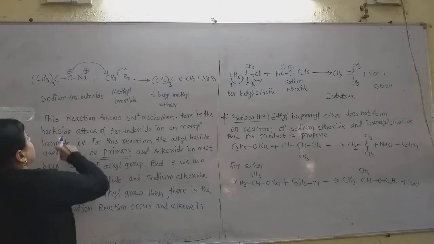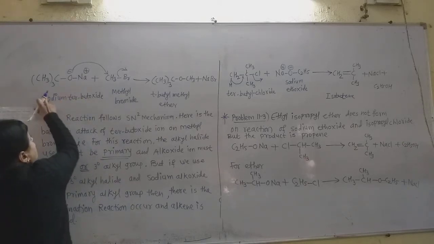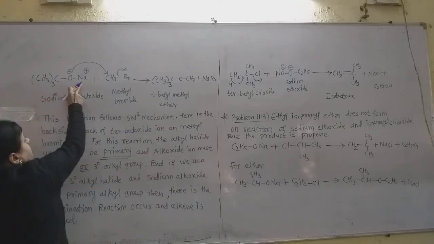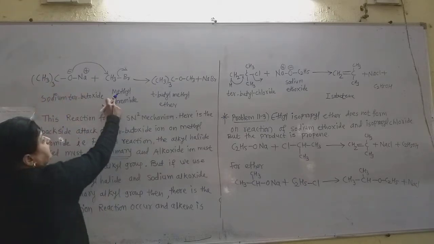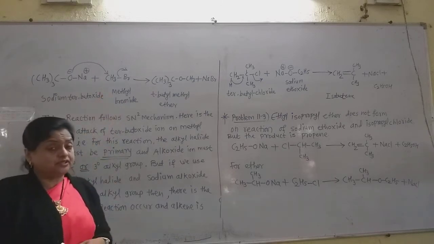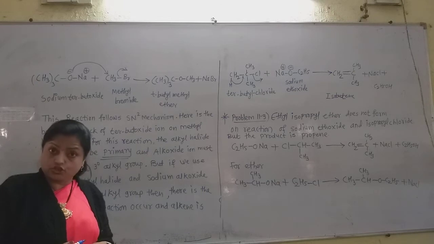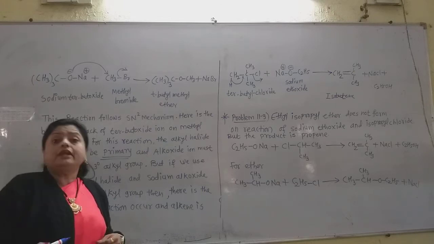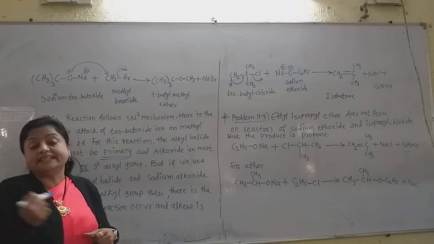This is the sodium tertiary butoxide, (CH3)3CONa, and the primary alkyl halide is methyl bromide. Now this reaction, the Williamson synthesis of ether, is carried out by the SN2 mechanism.